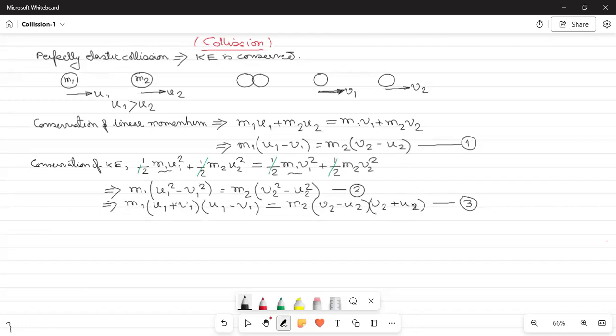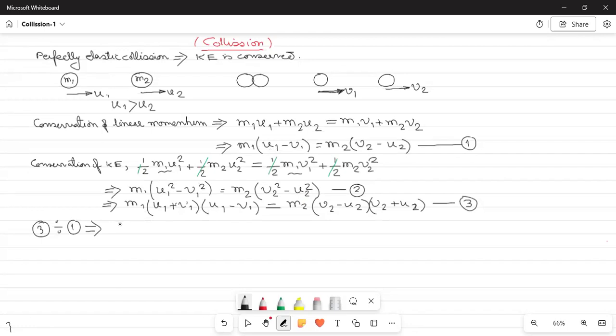Now what do you do? You divide equation 2 by equation 1. This is m1 times (u1 minus v1).